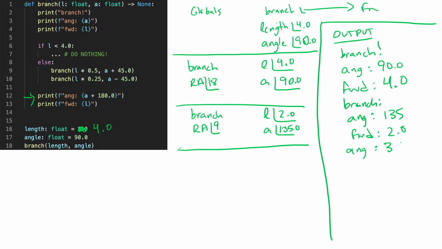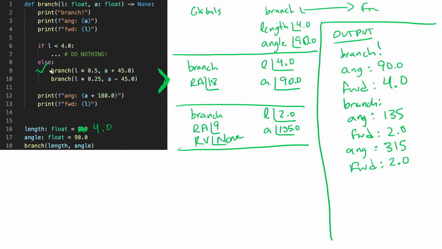What did I say that was? 315. All right. And forward is still 2.0. All right. So we're done with that. And we return. So we return nothing. And we're going back to line 9. So we just finished line 9. And our current frame is this one.